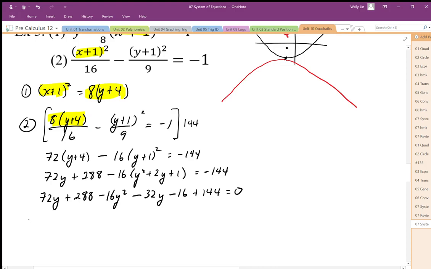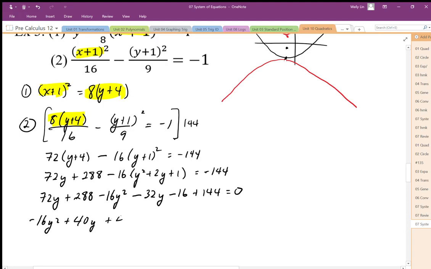Grouping my terms, I end up with 16y squared, collecting my y terms plus 40y, and then grouping the constant terms, 144 plus 288 minus 16.